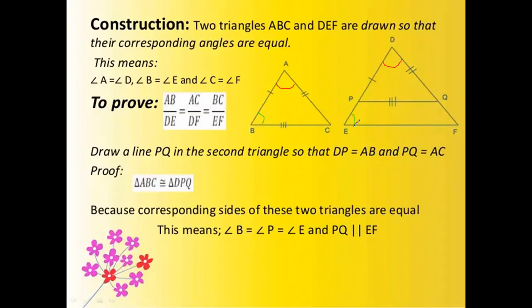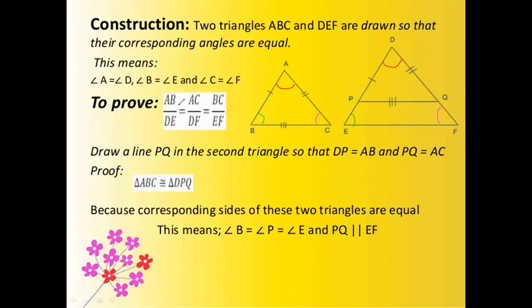And lastly, the third angle corresponds to this one, or is equal to that angle, so that we can say that they are similar triangles. So that is the angle to angle test in proving that they are congruent triangles.